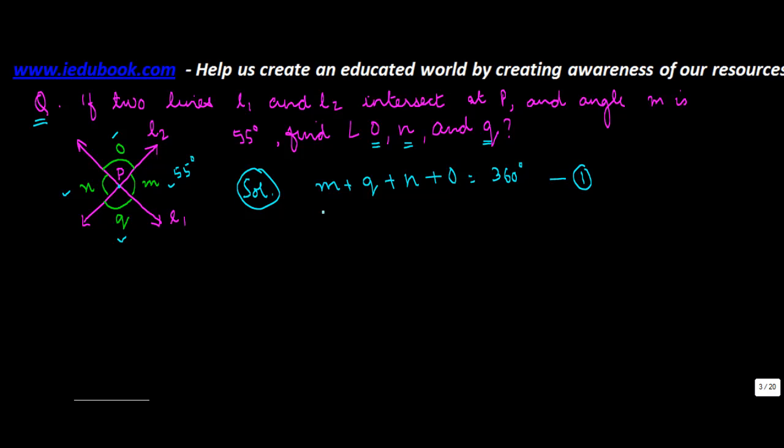Now we know that angle M is 55 degrees. Now if you notice, on a standalone basis you have these two lines where you have this angle M and you have this angle N. Now please note that whenever two lines intersect each other, the angles so formed, which are vertically opposite to each other, are known as vertically opposite angles.